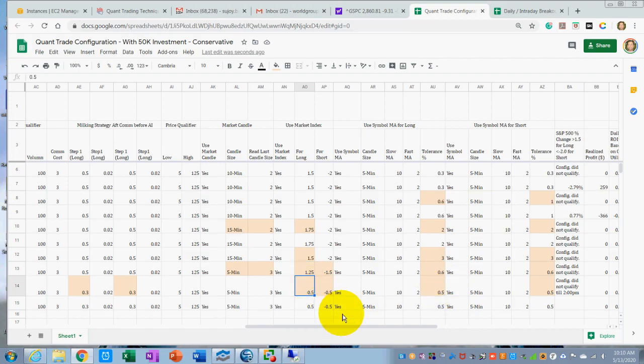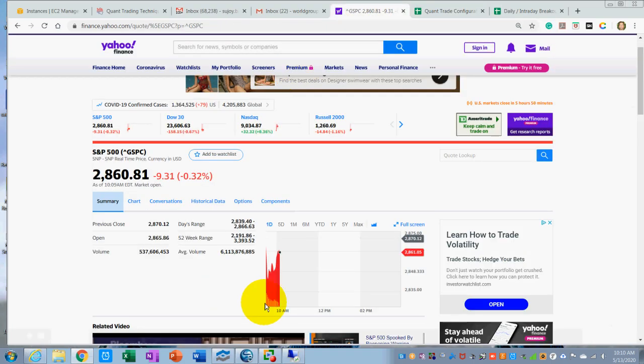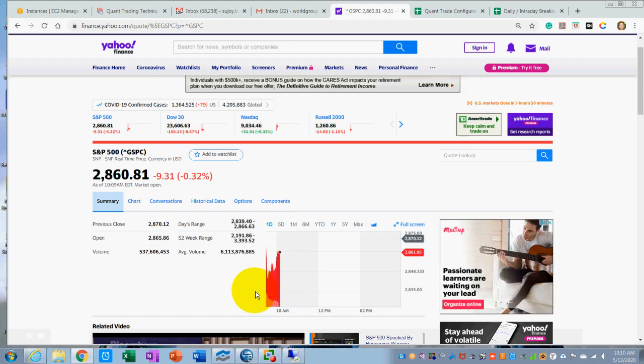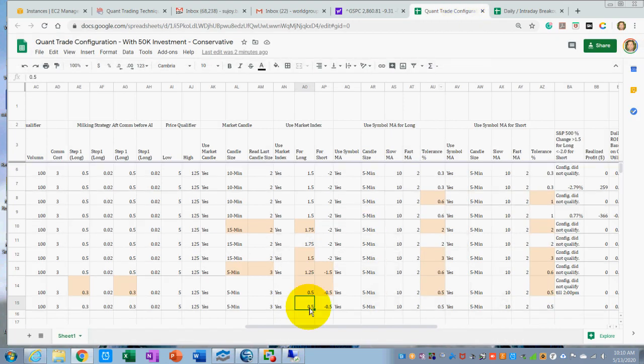Yesterday was sort of a flat market, but it picked up after 2:30 or so, but that was already too late. But today you are seeing that it did pick up at 0.5%, but then unfortunately it's taking a reversal. So having a configuration at 0.5% probably may not be a good idea.